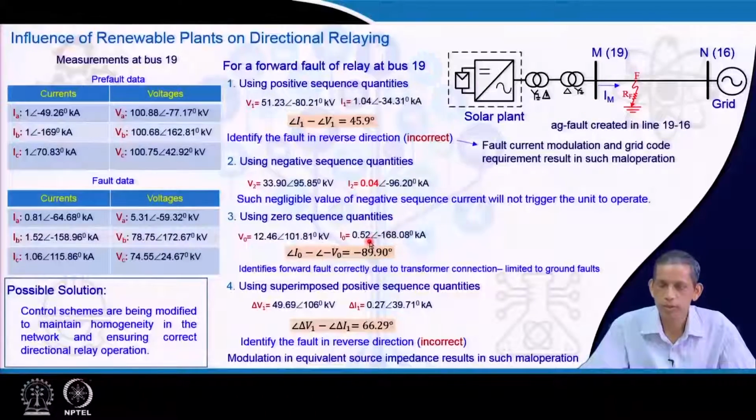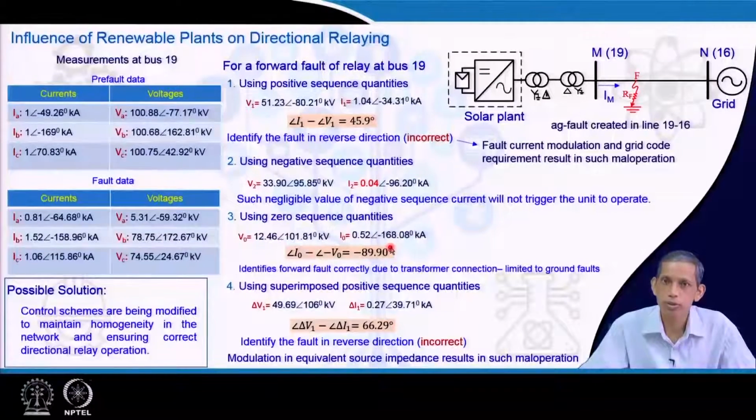Significant current is flowing, and the angle of I0 minus angle of V0 is almost 90 degrees, and this is able to correctly identify the fault. We have already reasoned that because of the transformer connections, significant zero sequence current flows, and that has no relation with the solar plant side.